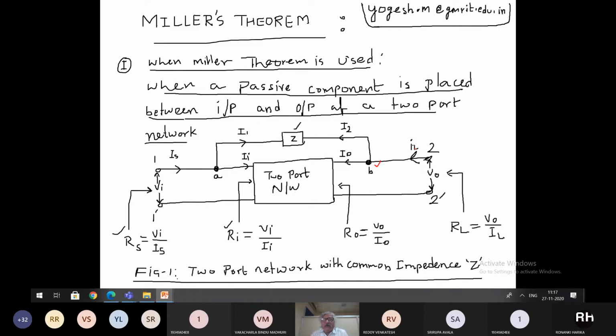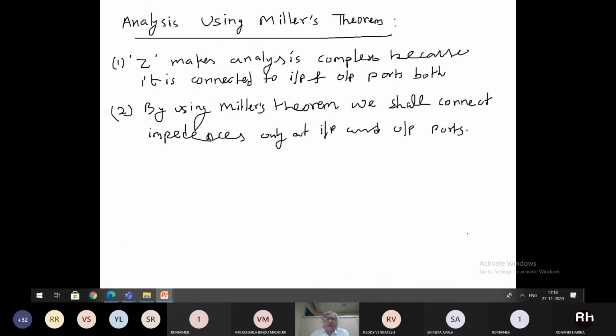Now, what is IL? RL is V out by IL, so IL will be V0 by RL.